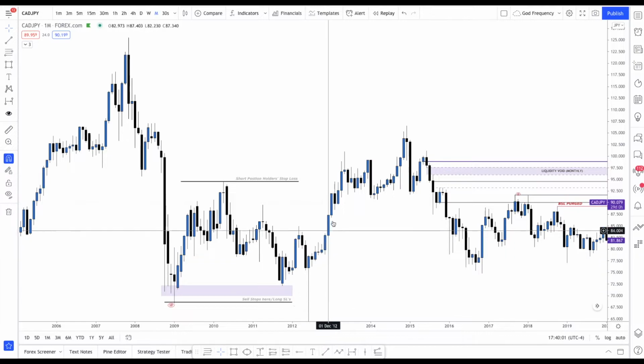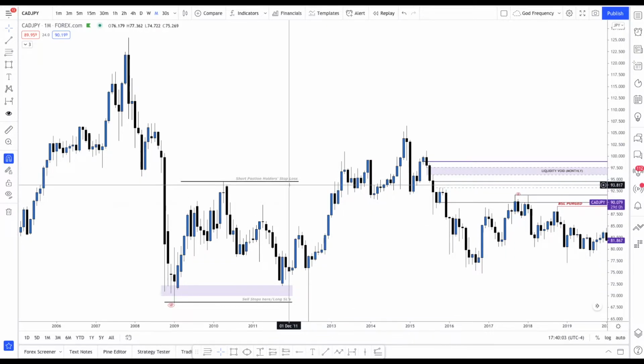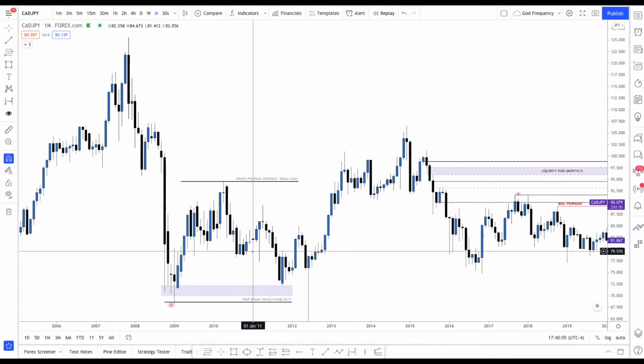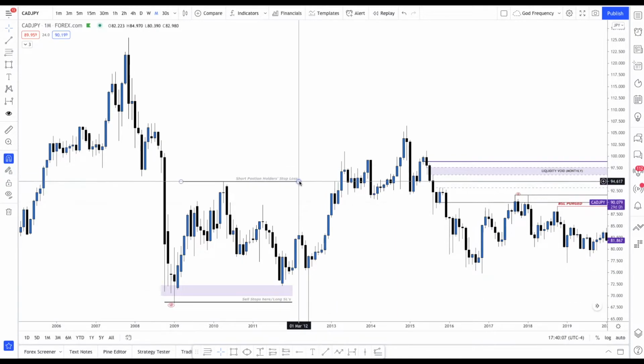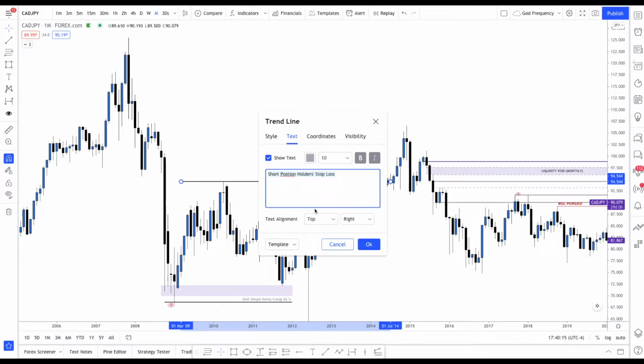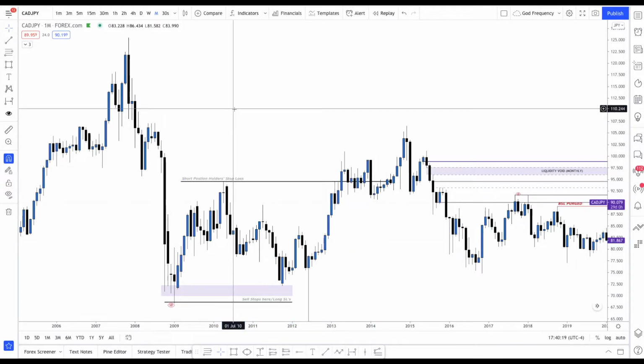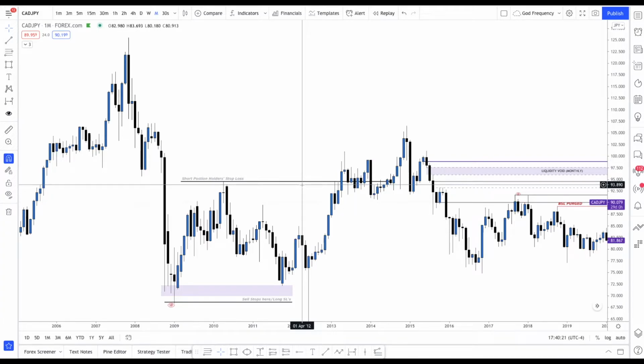Now what is this also doing, right? You have guys that buy at support, but they also buy the breakout of resistance, just like we're taught, right? So this is how you combine retail knowledge with smart money concepts.